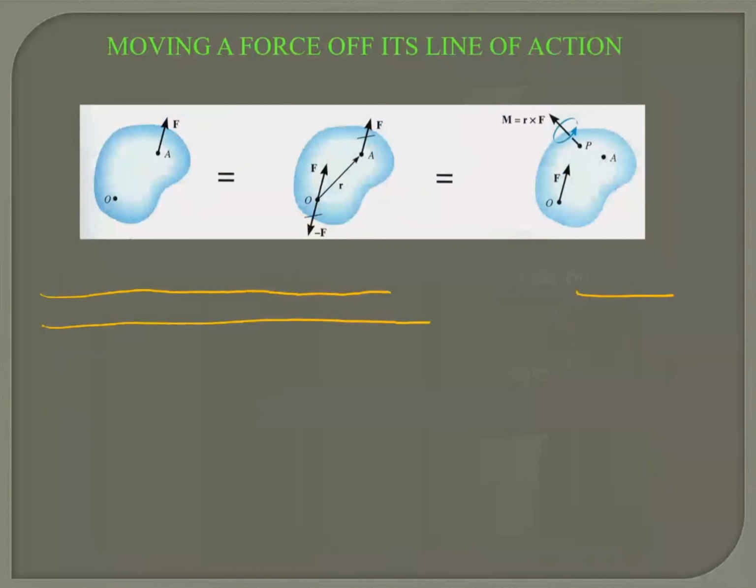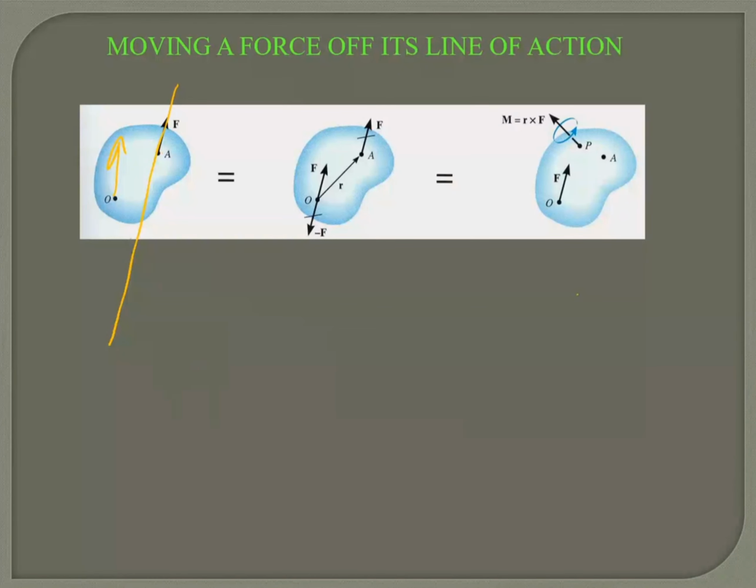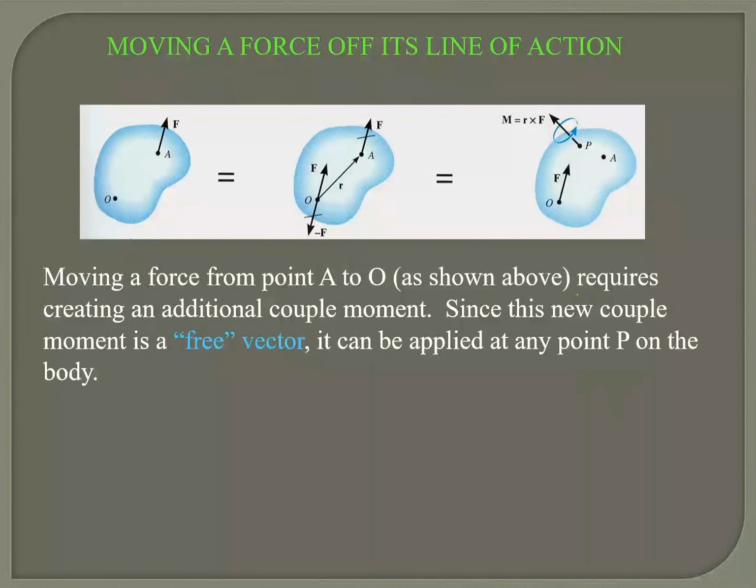But look here, it is being moved from A to O. The force line is here. I'm not moving the force along this line, I'm changing the position of the force. So it says here, moving a force from point A to point O requires creating an additional couple moment.